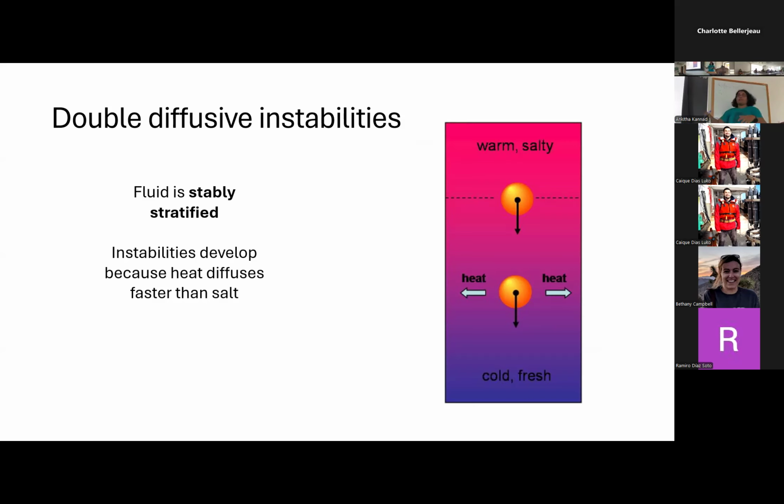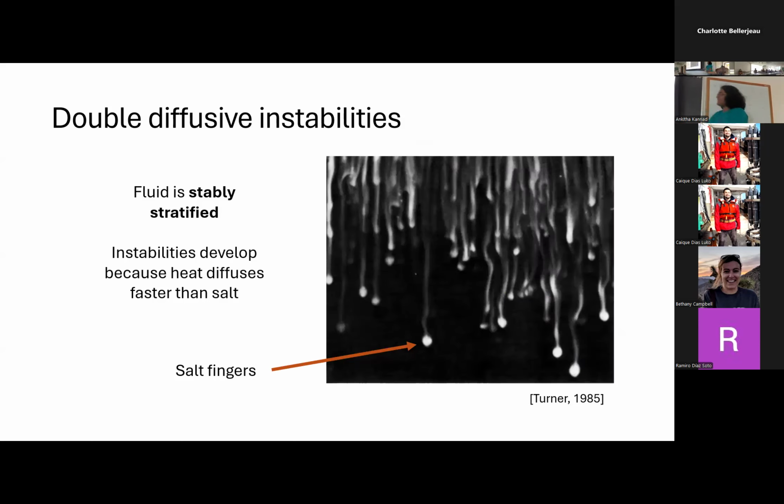If you have a perturbation that pushes down a water parcel in this layer of fluid, as it is pushed down, the heat diffuses a lot faster than the salt. So now it's colder, but still saltier. It remains denser than the surrounding fluid and continues to sink. That is an example of salt fingers.